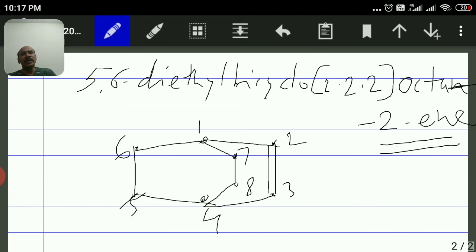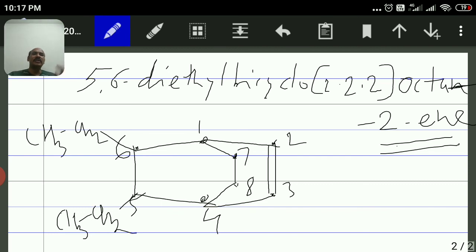There is an ethyl group at carbon number 5, so I am connecting the ethyl group CH3CH2, and to this carbon also I have to write CH3CH2. So it is ethyl at 5, ethyl at 6. So it is the molecular structure for 5,6-diethyl bicyclo 2,2,2 oct-2-ene. We will proceed to the next example.